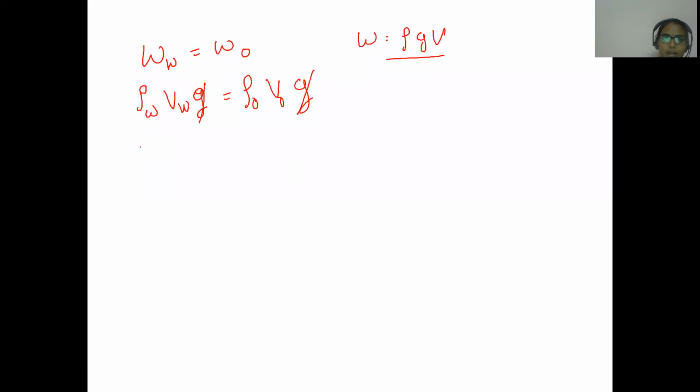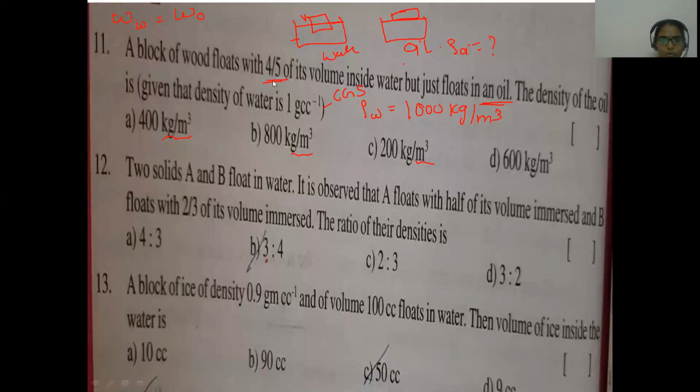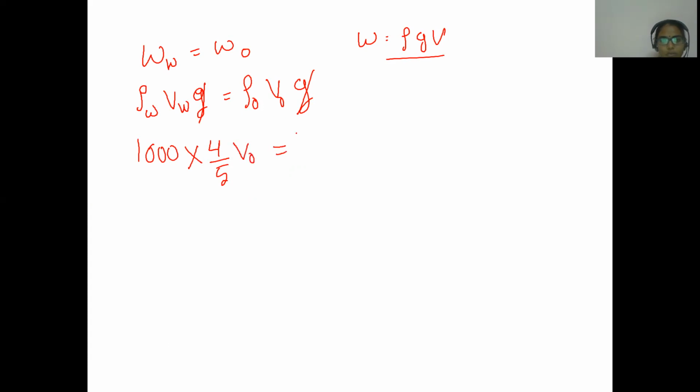Now the density of water, you know, is 1000 kg per meter cube, and the volume of water submerged is 4/5 of the initial volume, as given in the problem. That equals the density of oil, which we need to find out, times the volume. In oil it is completely immersed.